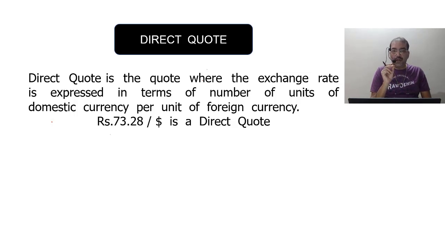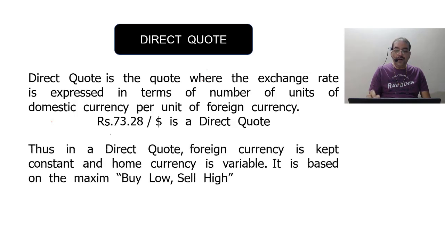So there is a rule now for direct quote. What is that rule? That rule is foreign currency is kept constant and home currency is variable. Because foreign currency is what it is on the right hand side. So it is per unit, per 1 unit of dollar. So this is going to change.